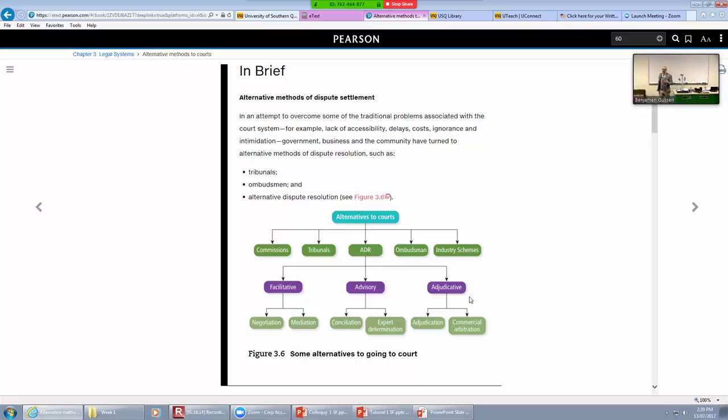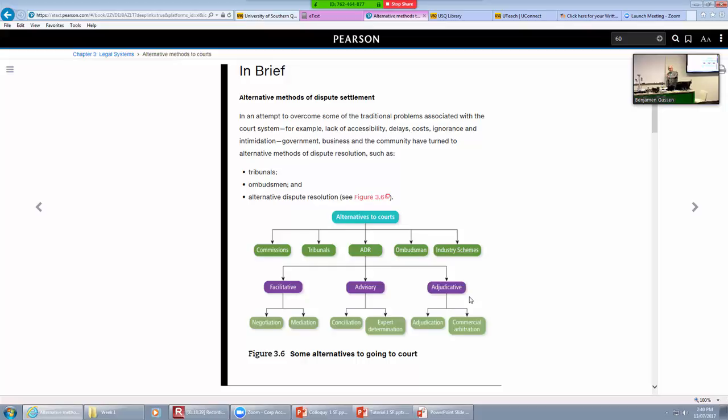Now you start seeing something that resembles a court more and more, and there are certain rules for example, producing evidence or the idea of what the role of the third party is going to be. Here the third party has more influence on the outcome of the process and not just only the process itself.